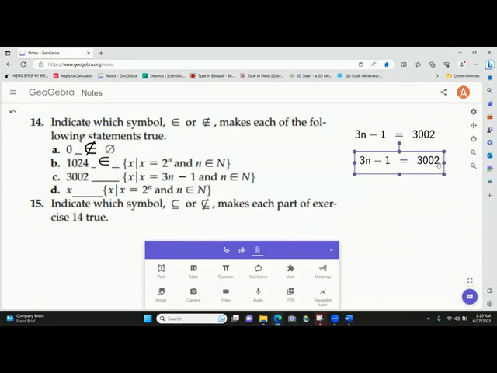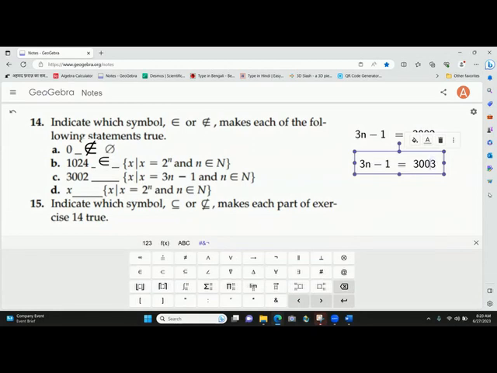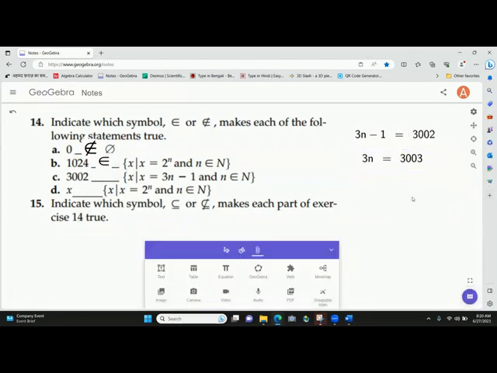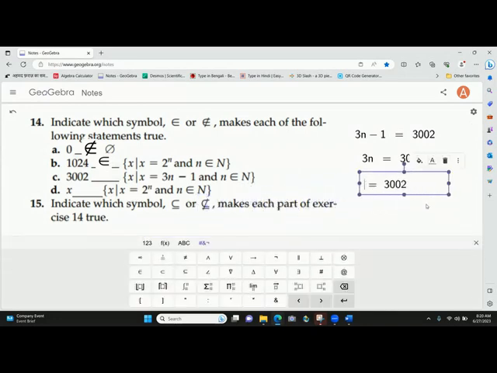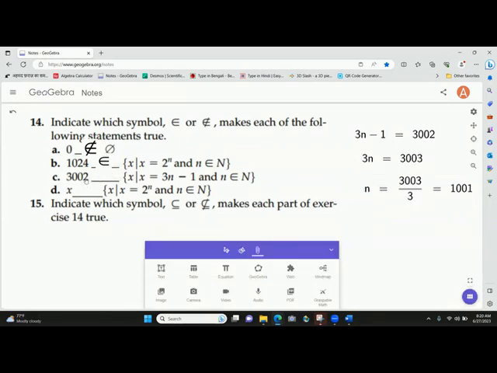I'm going to add 1 to both sides, and the other side is going to be 3003. Then I'm going to divide both sides by 3, and clearly this is 1001. And 1001 is a natural number, and therefore 3002 is an element of this set. I'm going to put an E here.